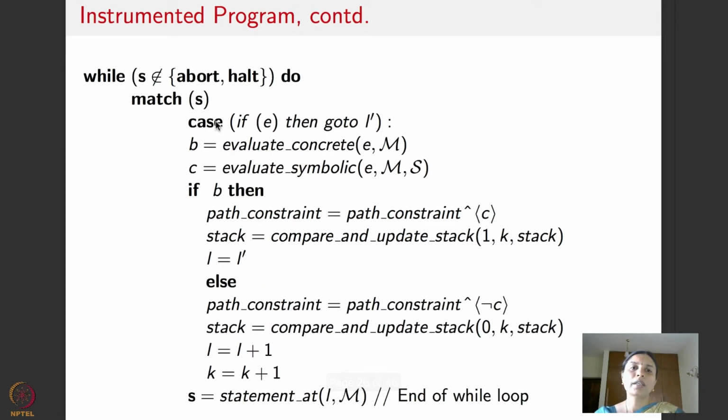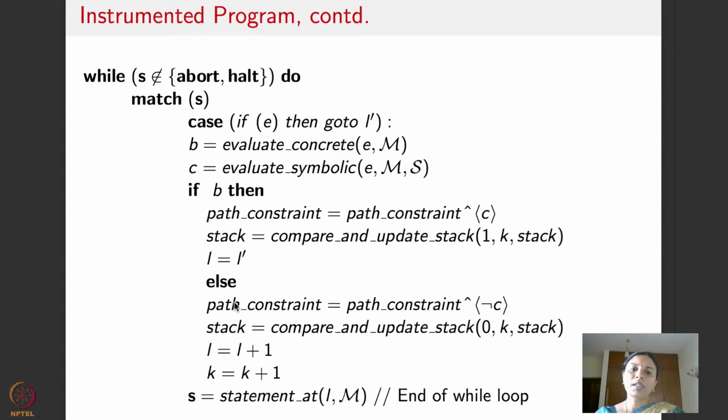So let's say Dart encounters a condition statement. If the match happens to be a condition, so it says if E, then go to L prime. Then what it will do is evaluate E symbolically and concretely. Let's say B is the result of concrete evaluation of E. C is the result of symbolic evaluation of E. If B is true, then the then path is taken by the program.